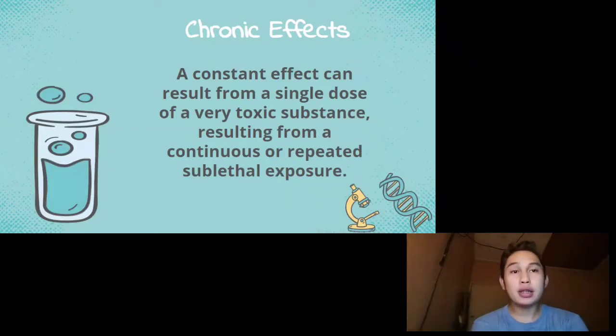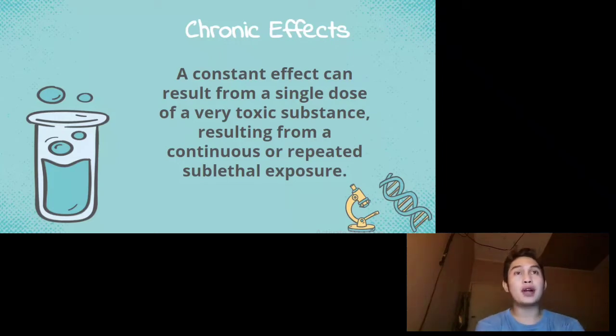Now we have chronic effects. Chronic toxicity is the opposite of acute toxicity because it is a measure of how toxic a substance is over a longer period of time. This could be anything from weeks to years. Some toxins work by damaging the body through a series of small exposures and can lead to a chronic exposure.